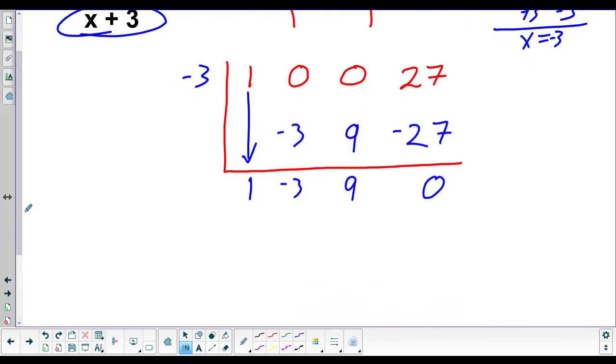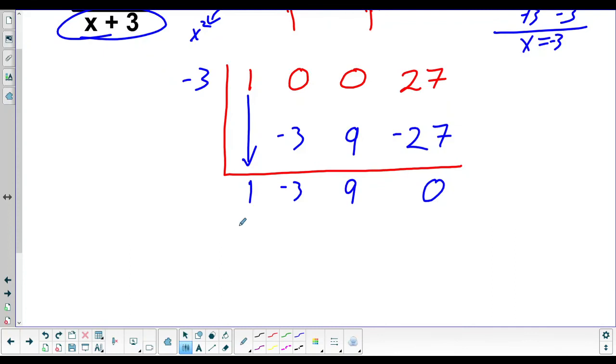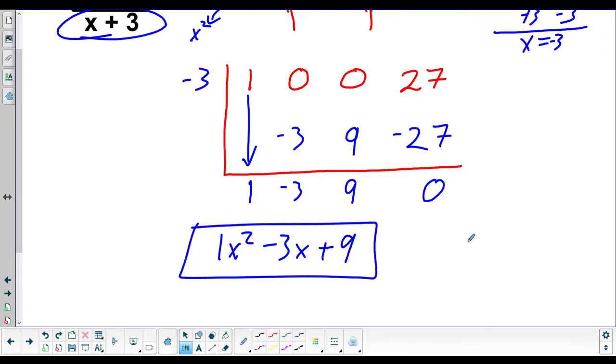All right. Now, we look at what exponent do we start with? 3. We drop it by 1, x squared, and we fill it in. So we have 1x squared minus 3x plus 9. This is the answer.